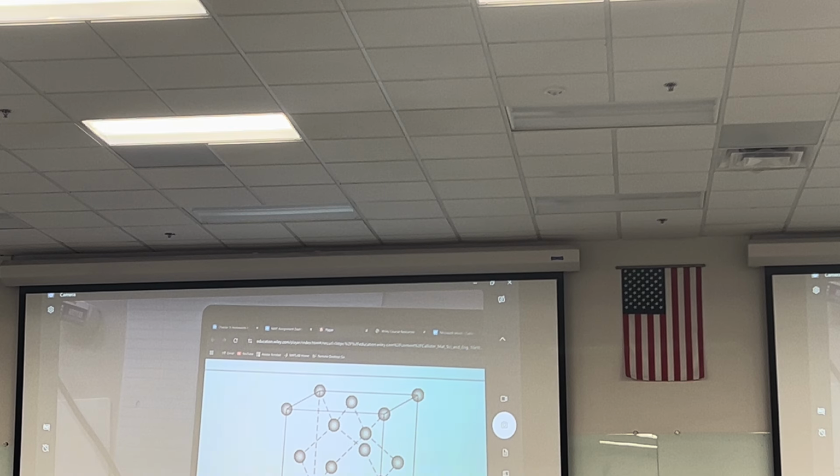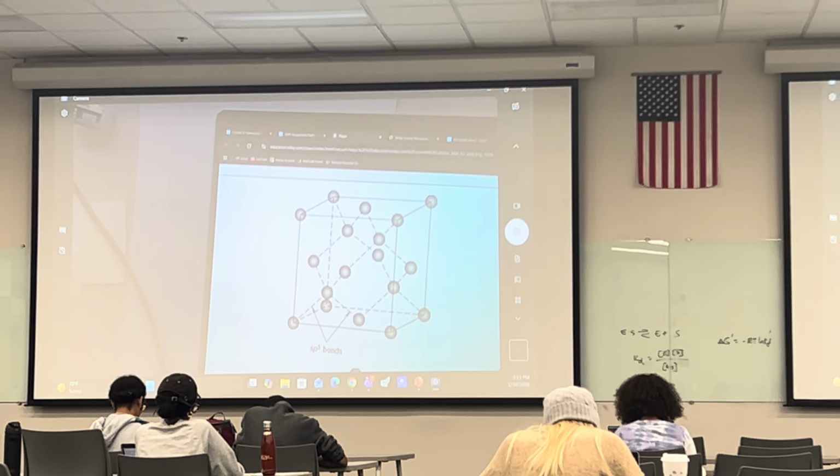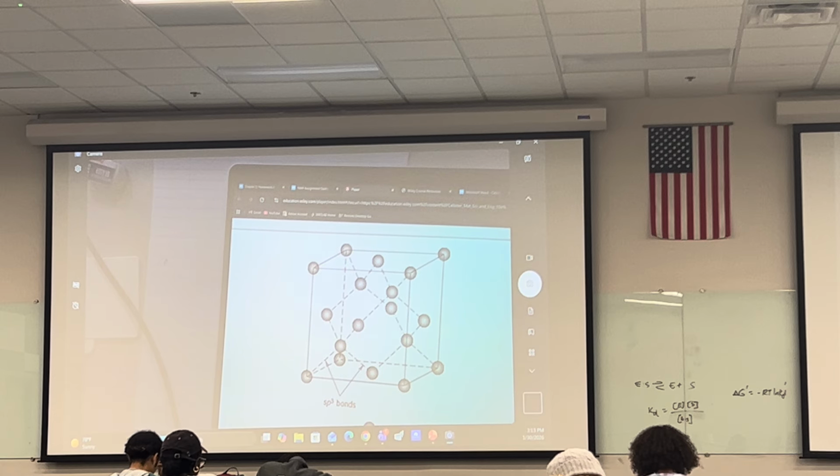It's asking about the coordinates of each atom. So for example, if that's the origin, and this is the atom you want to know the coordinates of, it's going to be 1, 0, 0, because it's on the x-axis and it has just one unit.